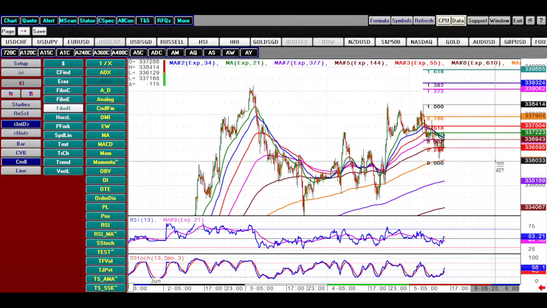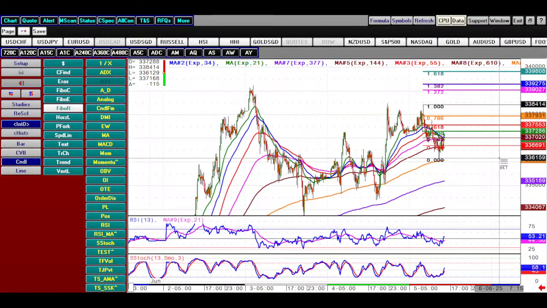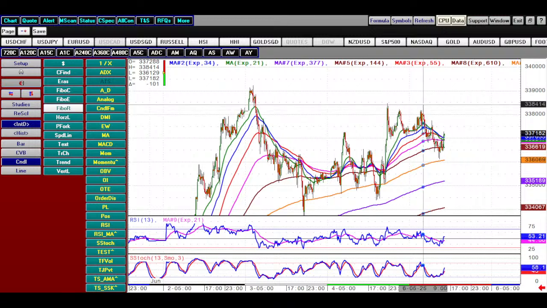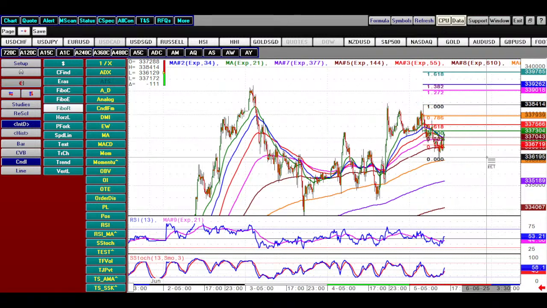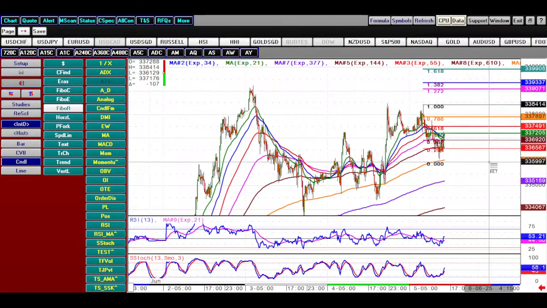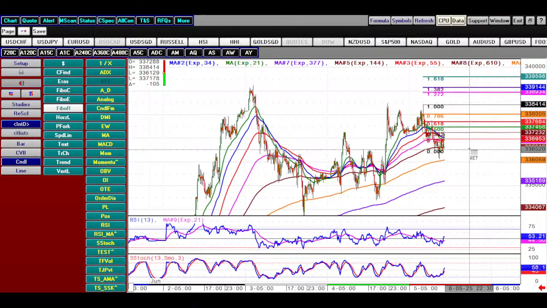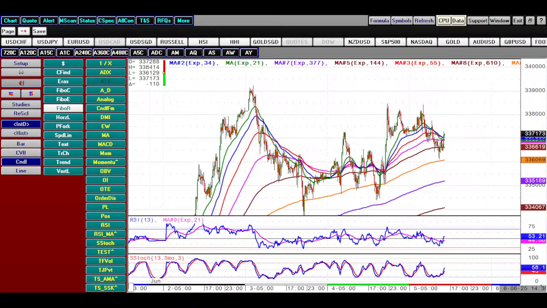If we see an extension of this, then that might be the previous high, which is 92. So maybe we can put it at 88 or 90. Okay, maybe we'll put it at 3388.